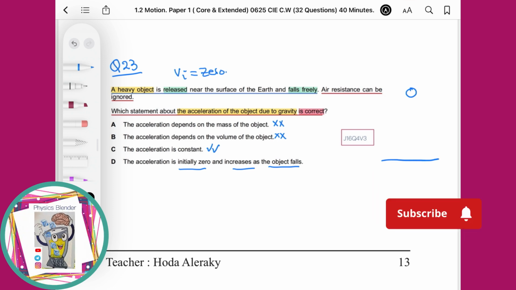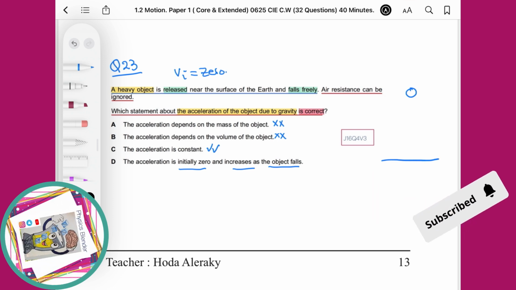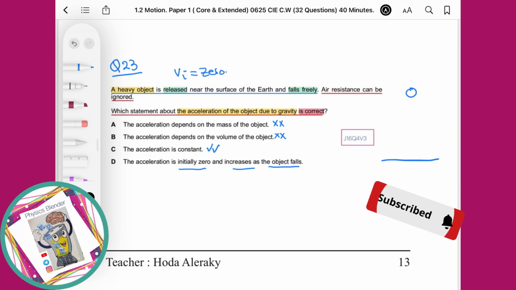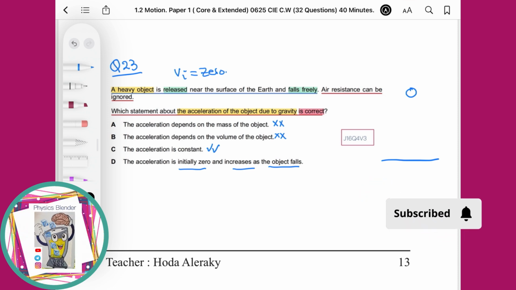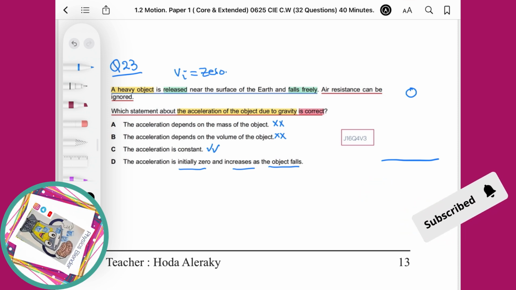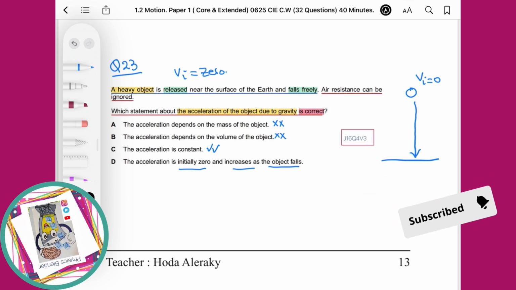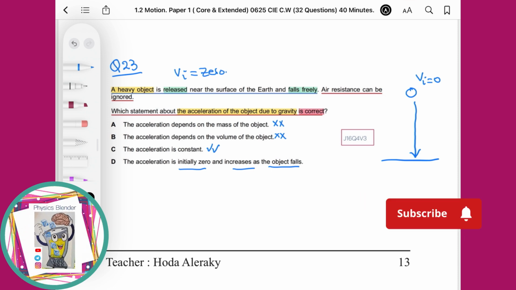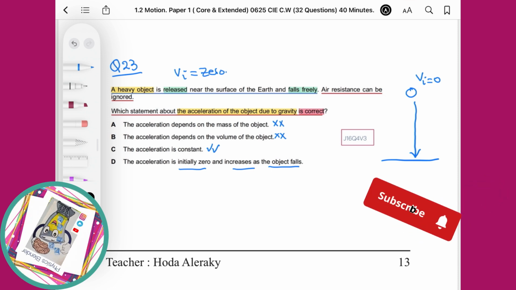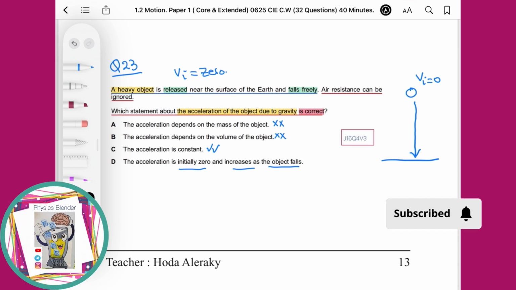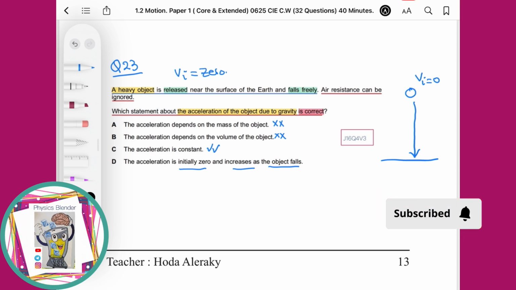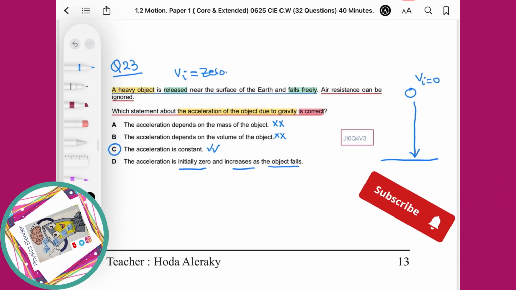Some students get confused between acceleration and velocity. No, velocity is initially 0 and increases as the object falls, not acceleration. Acceleration is constant here. Velocity is changing at a constant rate. The correct answer here is C.